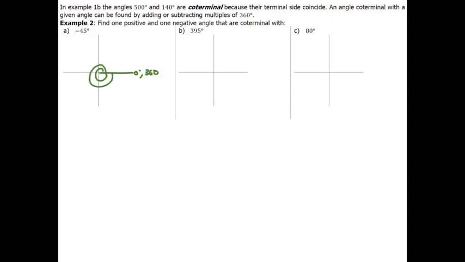If we kept going, what is that, 720? And then keep going, that would be 1080 and so forth. So we're just adding 360 around and around and around in order to get angles that are coterminal. So 0, 360, 720, those are all angles that are coterminal with one another.